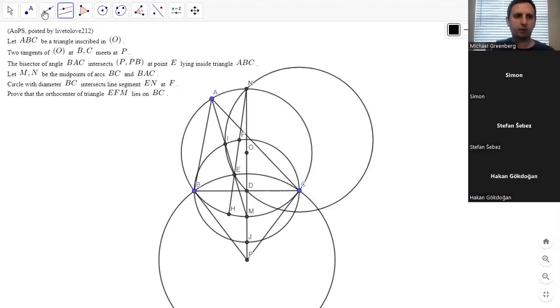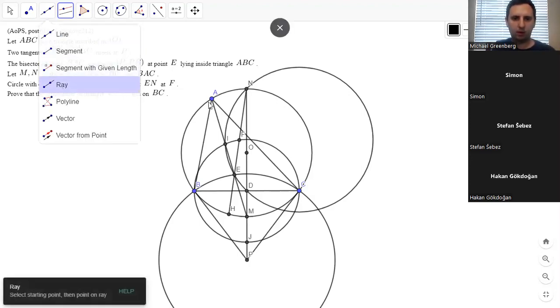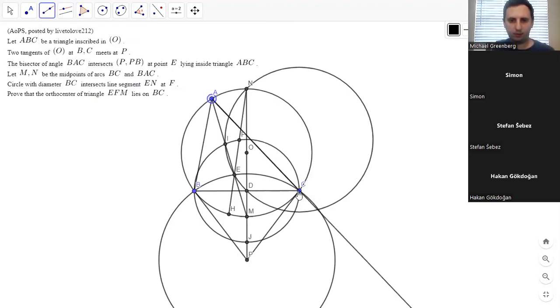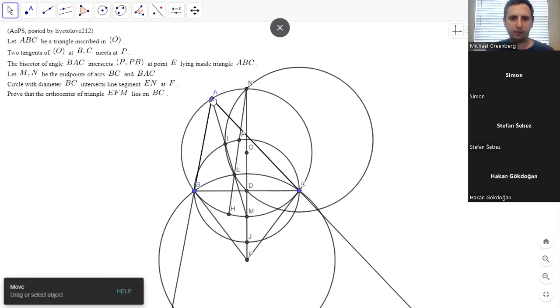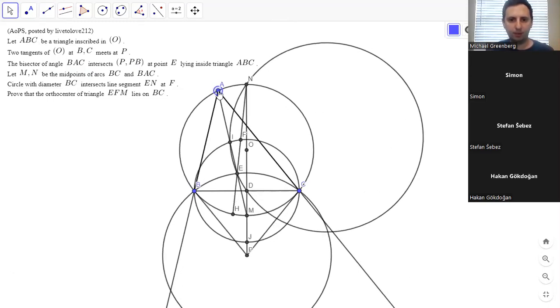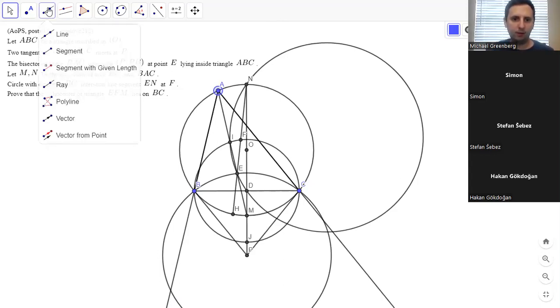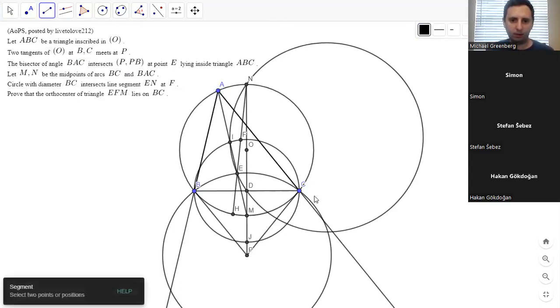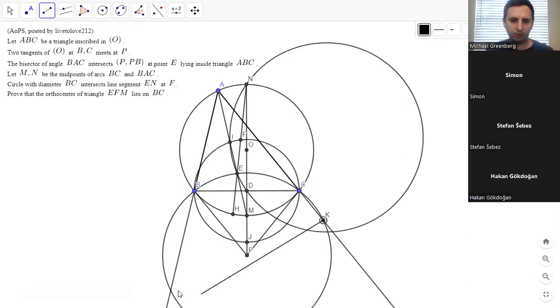So I could try this. If I draw AC and AB, then I prove, like in my video on the Symedian theorem, these points are collinear with P, and the segment is anti-parallel to BC.